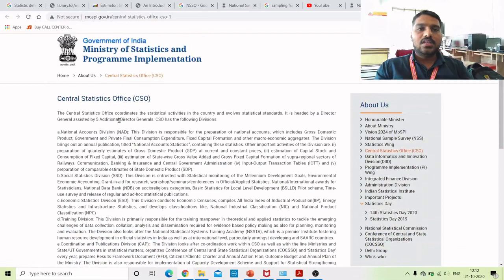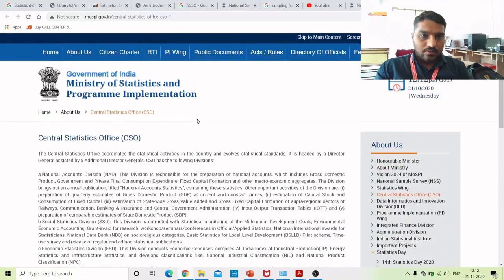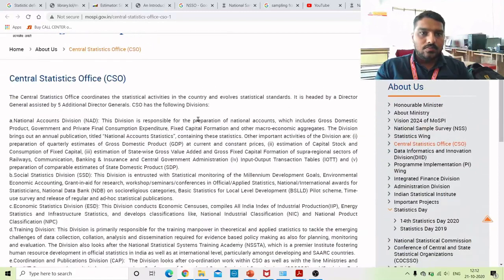The Central Statistical Office coordinates the statistical activities in the country and evolves statistical standards. It is headed by a Director General, assisted by 5 additional Directors General. CSO has the following divisions. The first division is the National Accounts Division. This division is responsible for the preparation of national accounts.